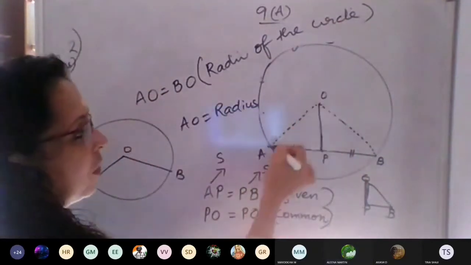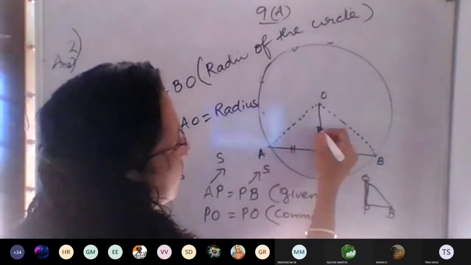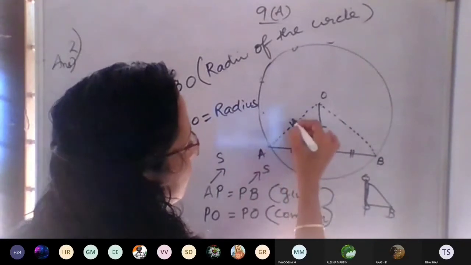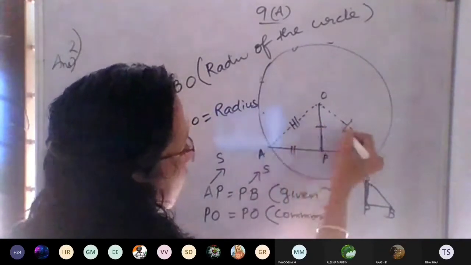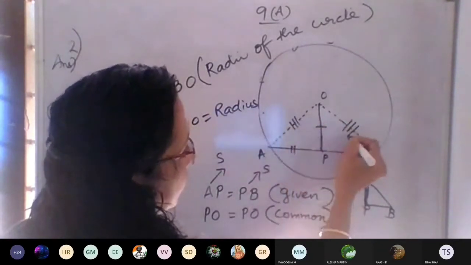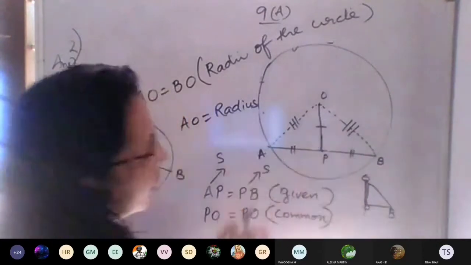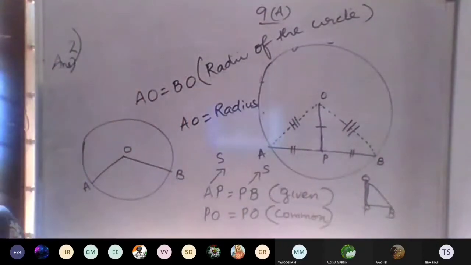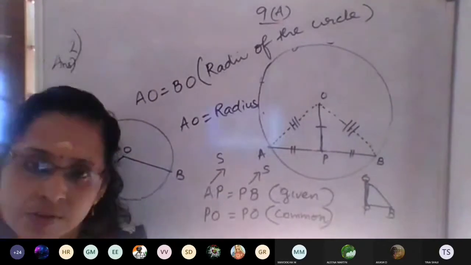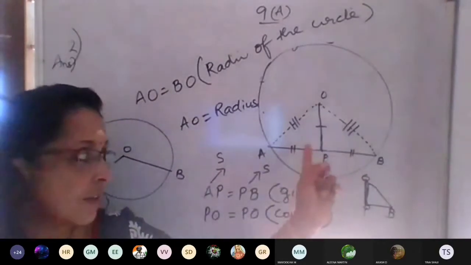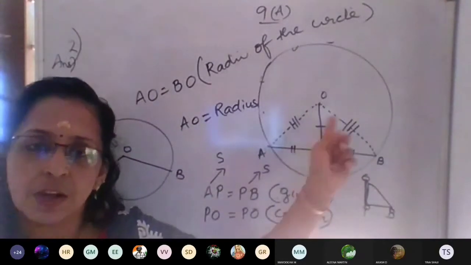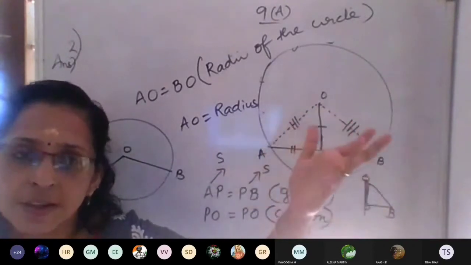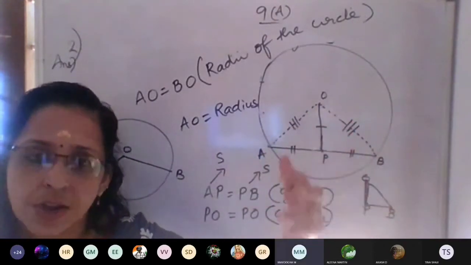So this is the side, no? If you are marking this as one line, this as another, here we can write 3 lines. 3 sides we got. Three sides of one triangle are equal to the three sides of another triangle.